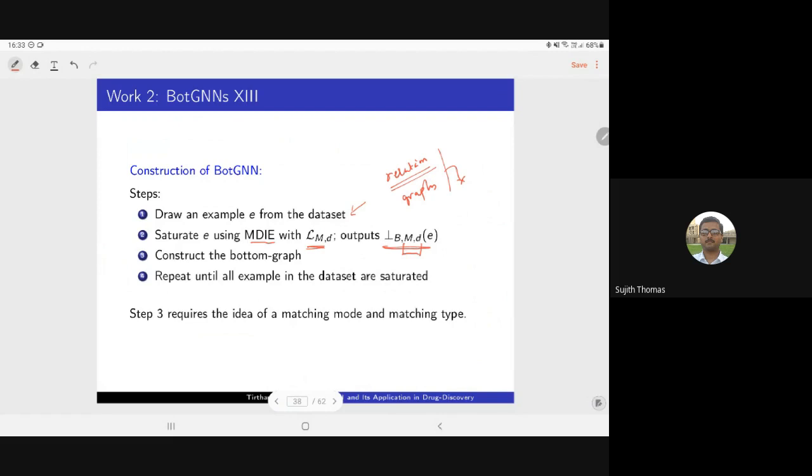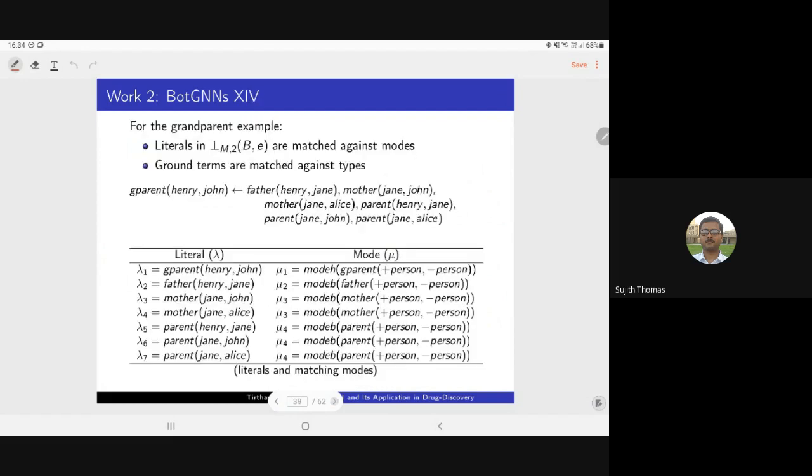These are the restrictions. Now we construct a bottom graph. I'll come to this in the next slide, and repeat until all the examples in the data set are saturated. Step 3 requires an idea of matching mode and matching type. Let us see what that means.